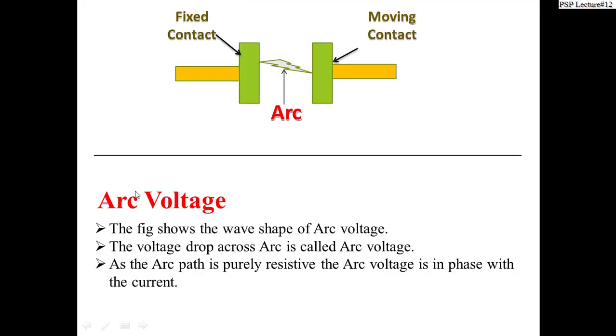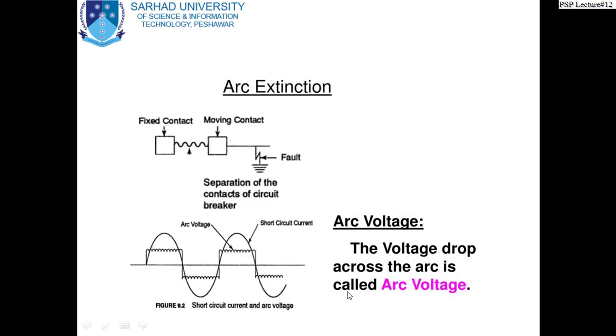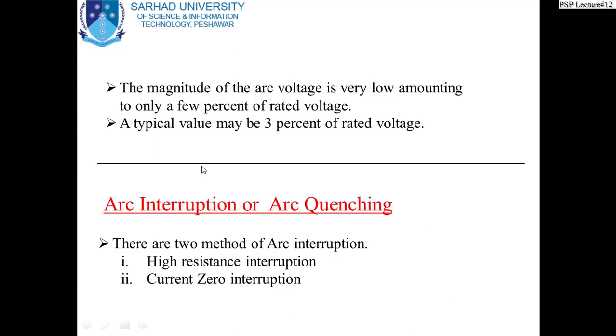The voltage drop across the arc is called arc voltage. As the arc path is purely resistive, the arc voltage is in phase with the current. Naturally, if it is a resistive path, it will be in phase with the current.